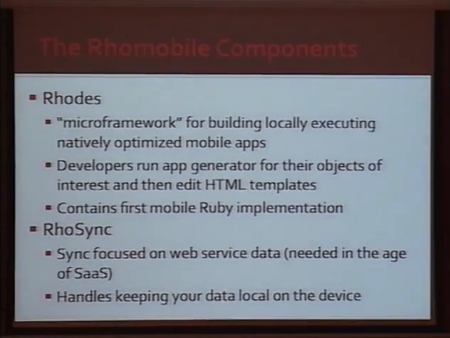Rhodes also, and this is of course appropriate for a Ruby conference, hopefully you guys will be excited about this, contains the first mobile Ruby implementation for every single platform. The first mobile Ruby implementation for iPhone, the first for Android, for Symbian. Now some of you might say, hey, there is a mobile Ruby implementation for Symbian.